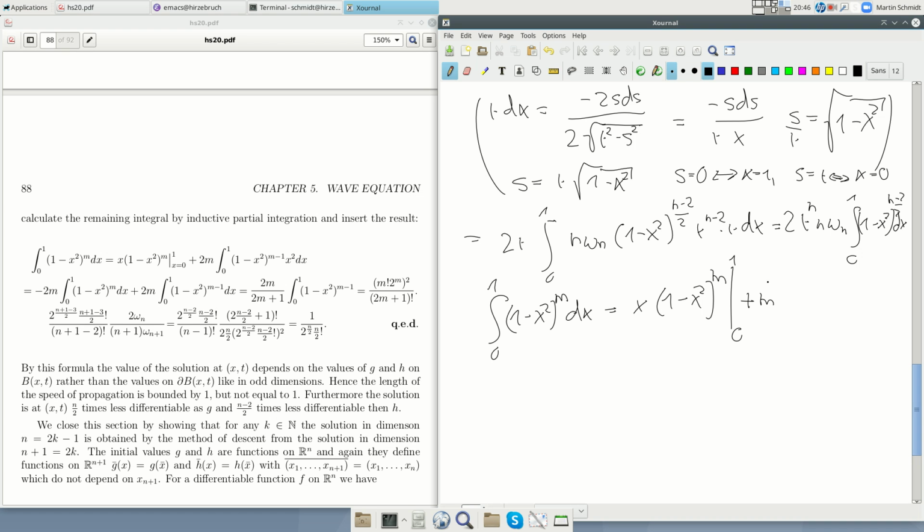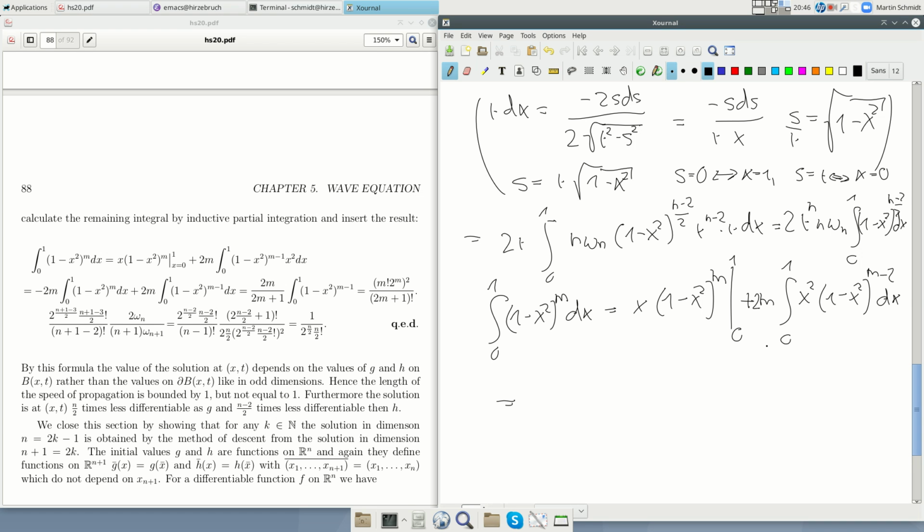Then we have 2, so 2m, and the integral from 0 to 1 of x, and the inner derivative is also x, so we get x squared times (1 minus x squared) to the power of m minus 2 dx. Okay, now this boundary term is clearly 0.